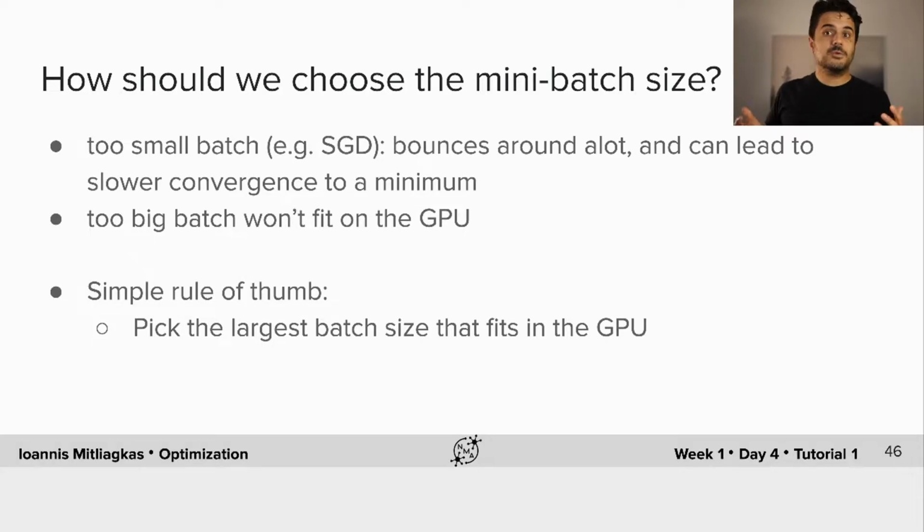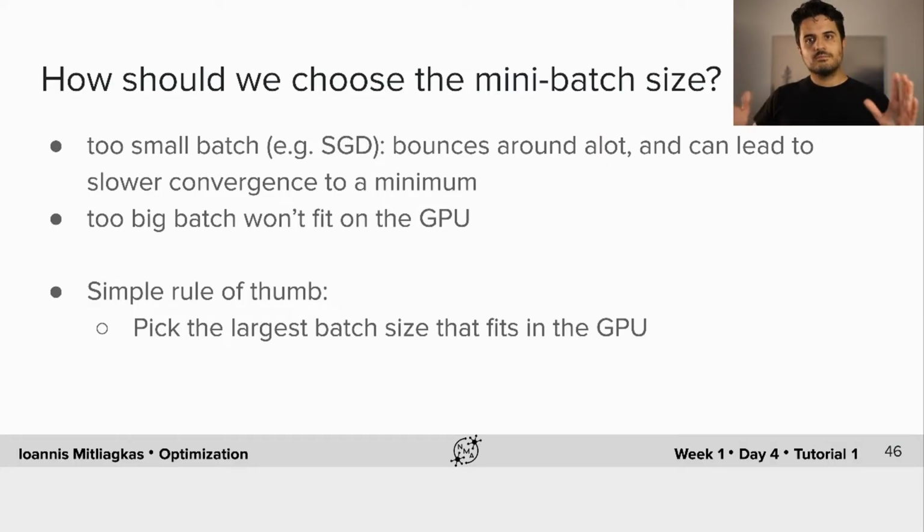On the other hand, we have an engineering or a practical constraint, which is the memory that's available to us. If we're using a GPU, it has a limited amount of memory, and there's only so much we can grow our batch size before we hit an out-of-memory exception, right? So the rule of thumb for now is try to go for a large batch size and make it fit into your GPU.